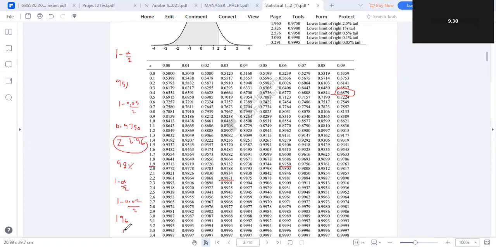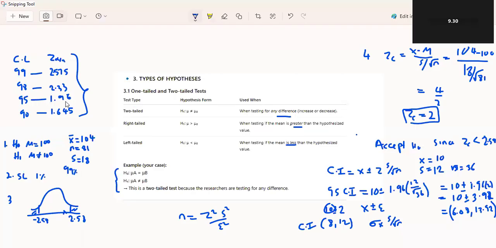So you need to check for 0.99 inside the table. It will give us 2.33. When you go here, if you don't find the exact one, you get the closest possible. So here, 0.99 is here, so it is 2.33. So these are where the figures are coming from. I'll send you the video of how to read these things, but that's the shortcut of everything.